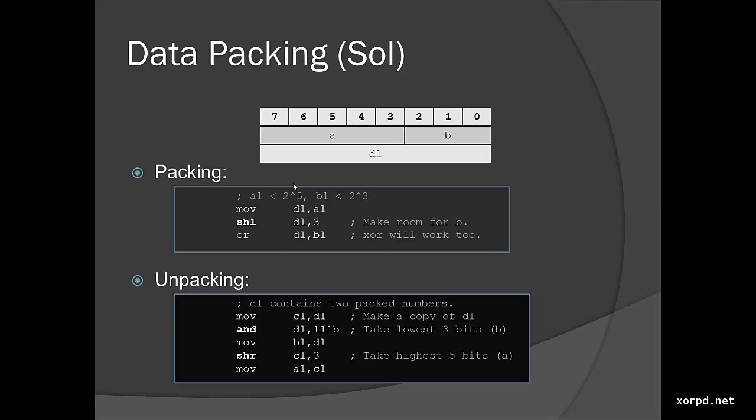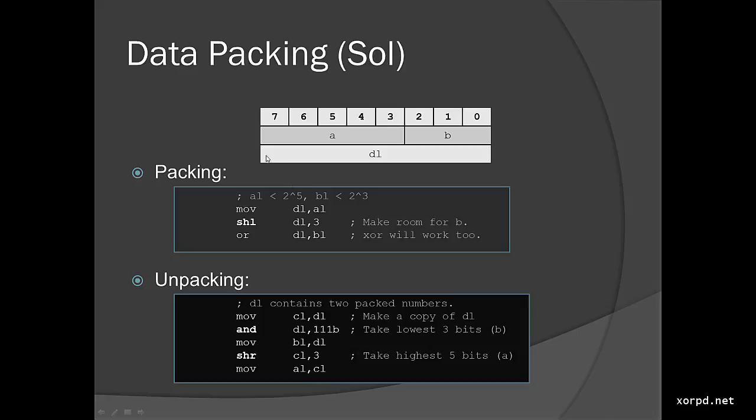Let's look at a possible solution, and we show you two pieces of code. One for packing and the other one for unpacking. Why? Because we might want to have one part of the program pack those two numbers into DL, and maybe another part of the program will want to unpack those two numbers, so it could actually do some work with those numbers. Let's begin with the packing.